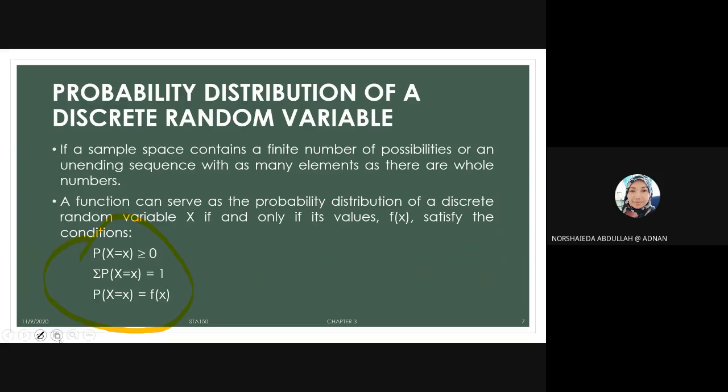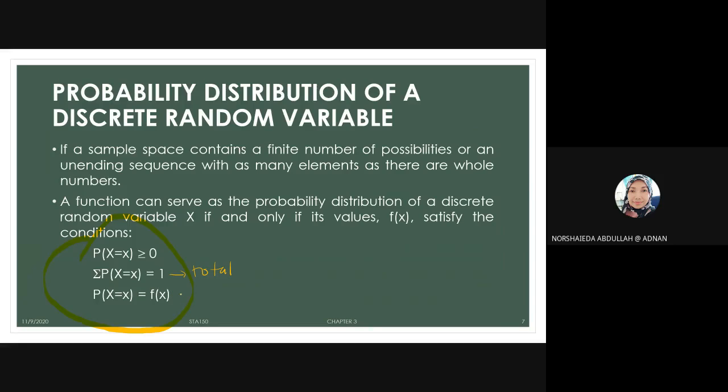When we learn probability, basic dia is total probability mesti equal to 1. So the first one is the probability of each value of the random variable mesti greater than or equal to 0, or cannot be negative. The third one, probability X equal to x equals f(x). So yang ni notation dia lah.